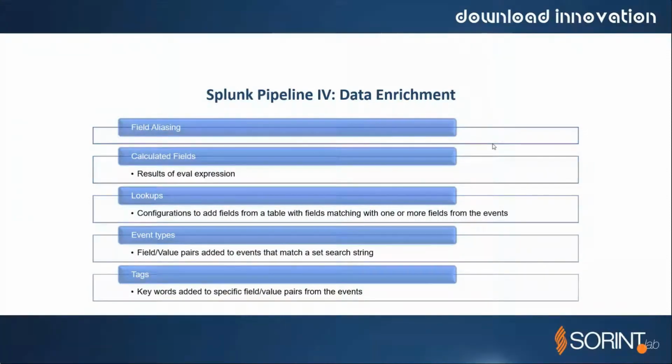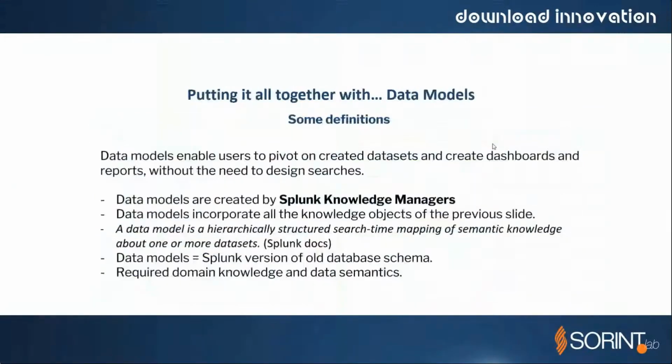This is where you would actually use joins, but lookups are usually small, static files that might contain, for example, the location of the countries of the world or the registry of the different sections of a company and so on. Event types are a way to categorize a certain set of events selected through a search string with a field value pair. And finally, tags are just keywords that make it easier to search for specific events.